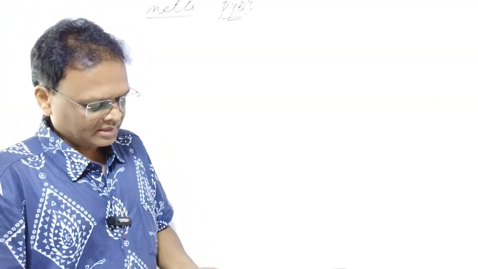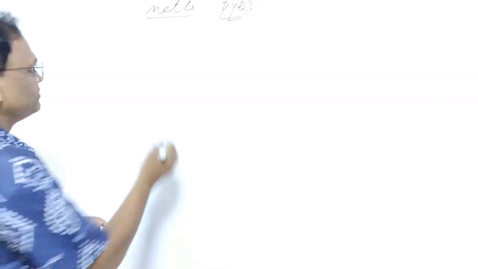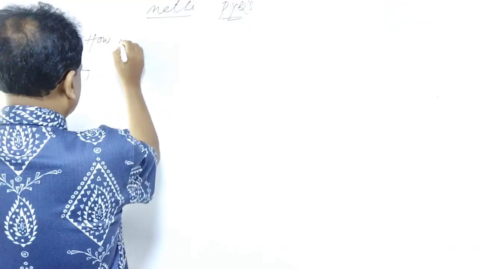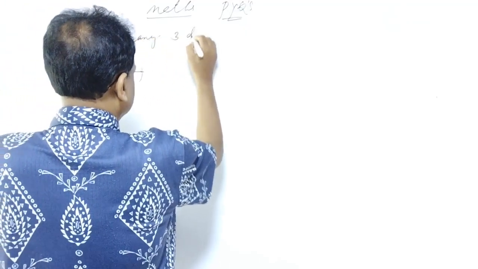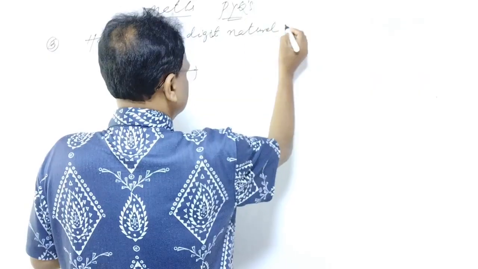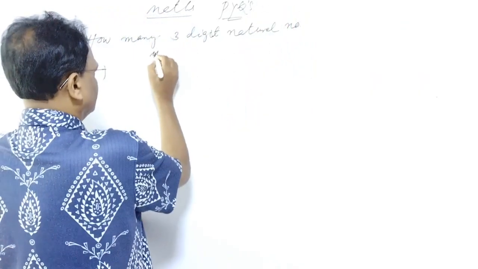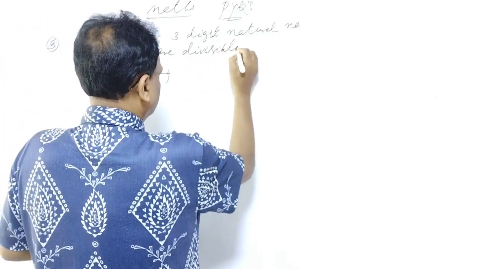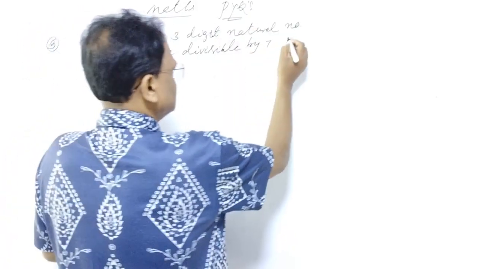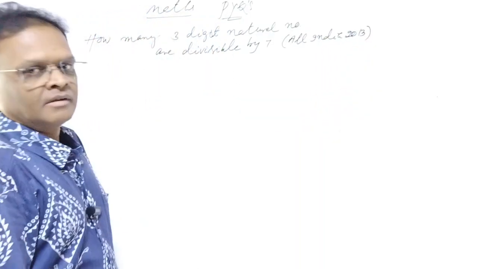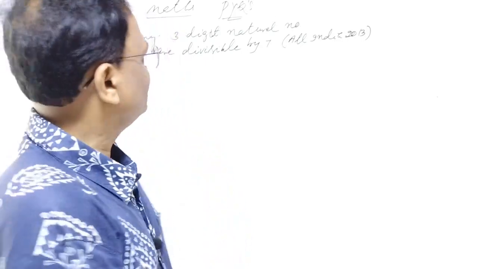The third PYQ: how many 3-digit natural numbers are divisible by 7?